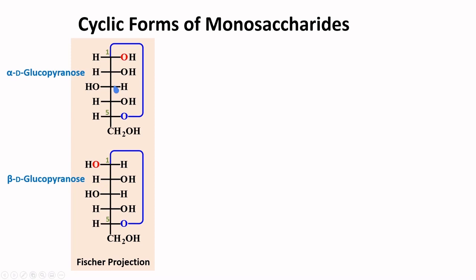Fischer projections of cyclic monosaccharides are a bit unwieldy to look at and often confusing. Hence, other projections are utilized to represent the cyclic forms of monosaccharides.